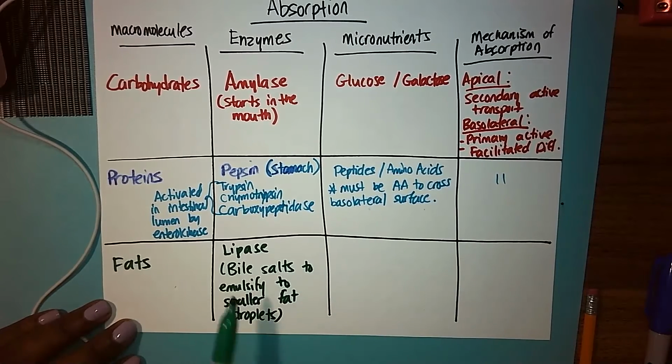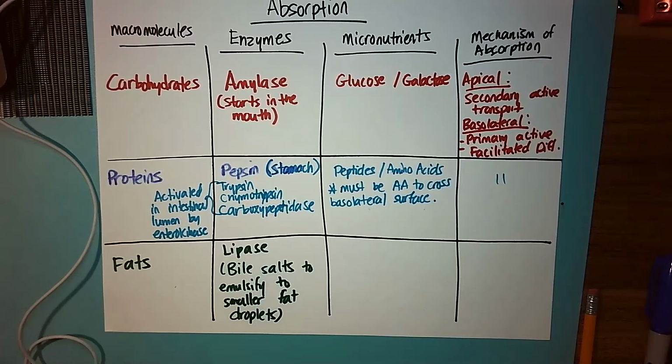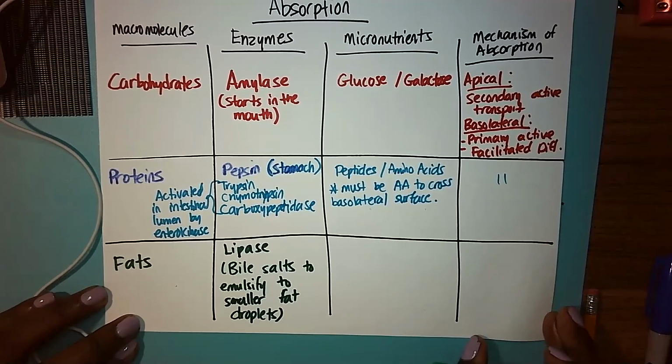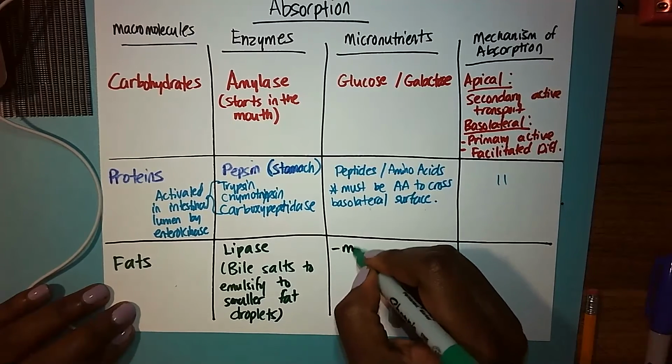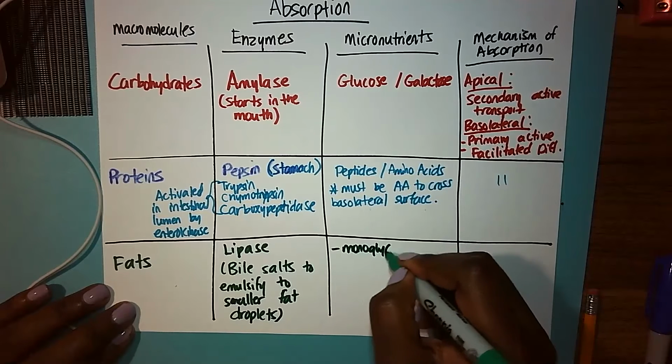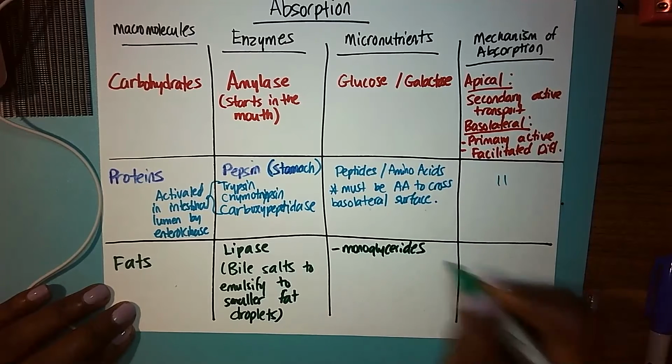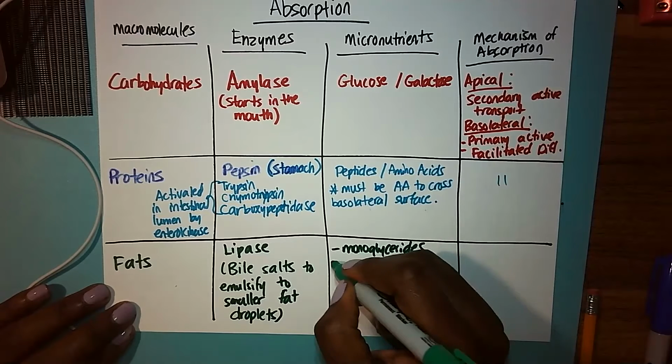Okay, so fats could be broken down by lipase after those huge globules were broken down into smaller droplets. They must be broken down into monoglycerides or fatty acids.